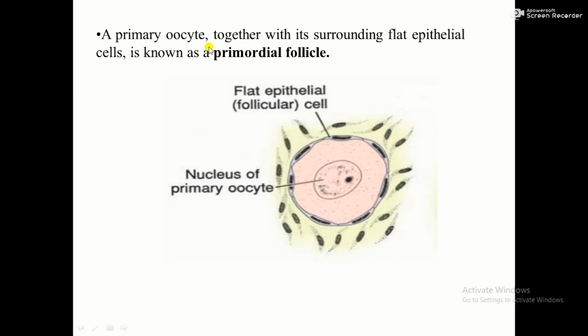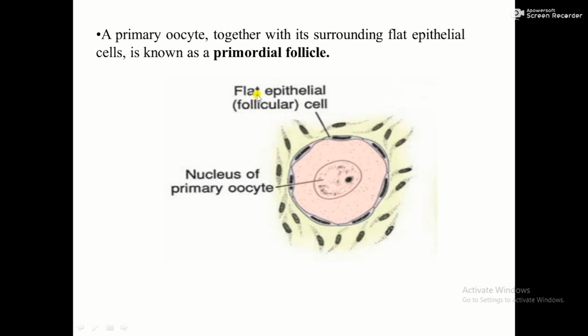As the primary oocytes, together with surrounding flat epithelial cells, they will form a structure we call primordial follicle. Look, the ovum, or let's say the primary oocyte, this is the nucleus of the primary oocyte, will be surrounded by some cells of the wall of the ovary.